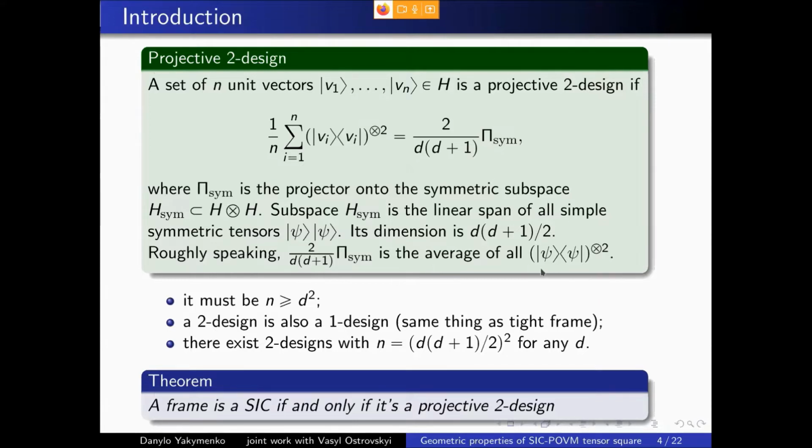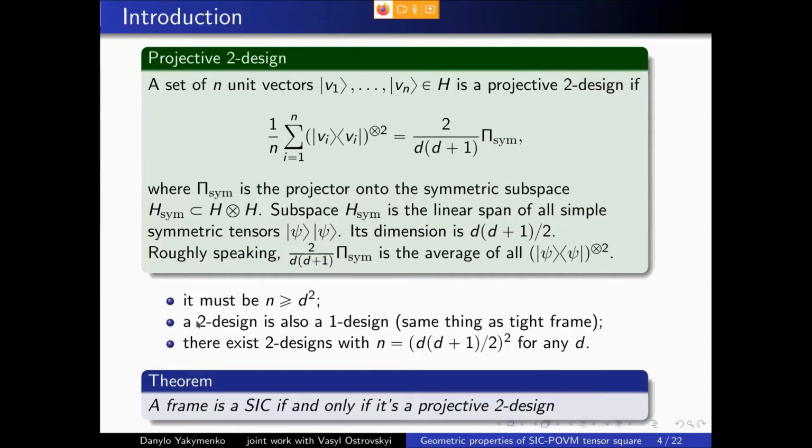Strictly speaking, we should write an integral over complex projective space under the measure that comes from Haar measure, right? And it is known that n must be at least d squared, right?